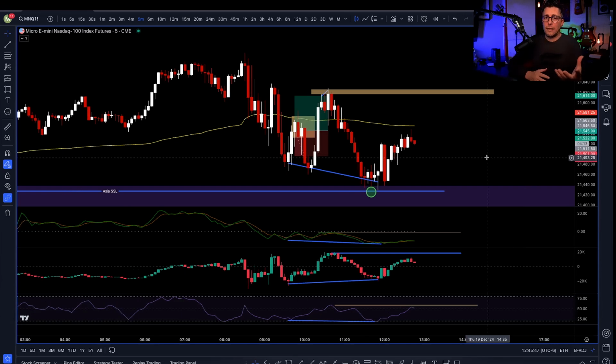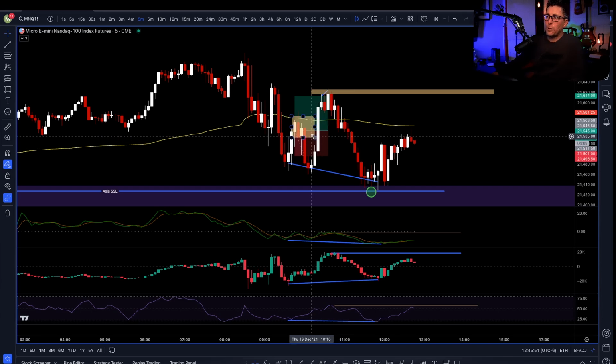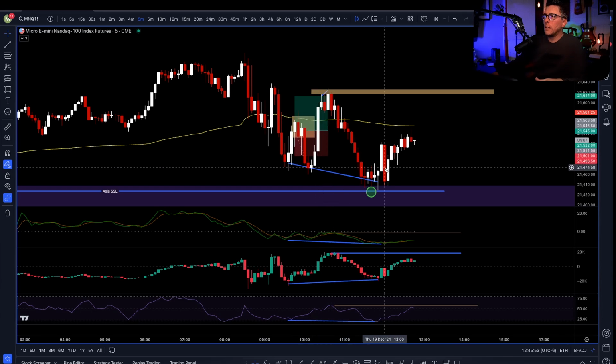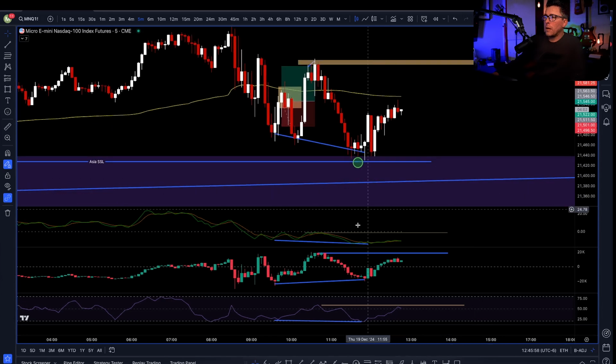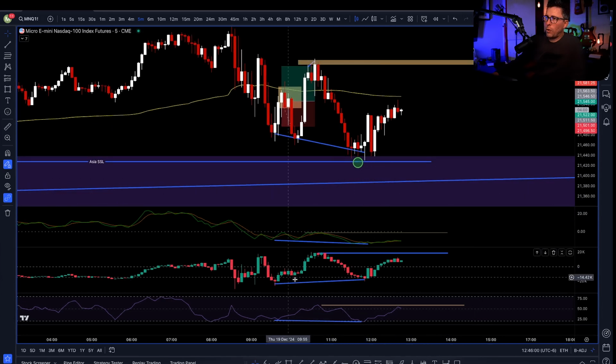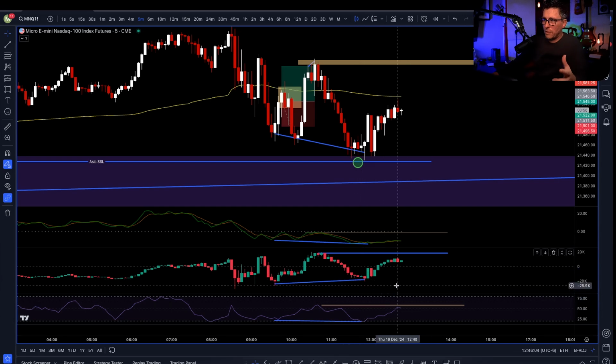Another thing I like to do, and this may not be very popular with a lot of you guys, is add to my positions. Let's say price made a lower low, but I see that nothing broke and it's still a bullish divergence, and maybe there's a new bullish divergence forming, and there's no bearish divergence forming.